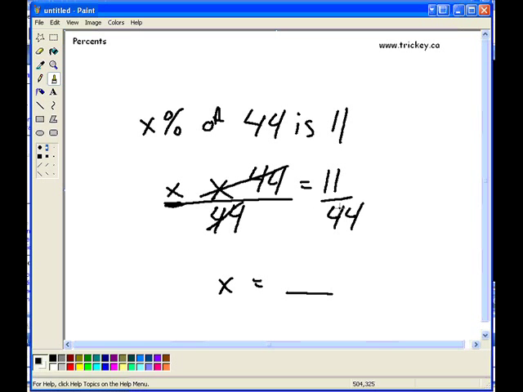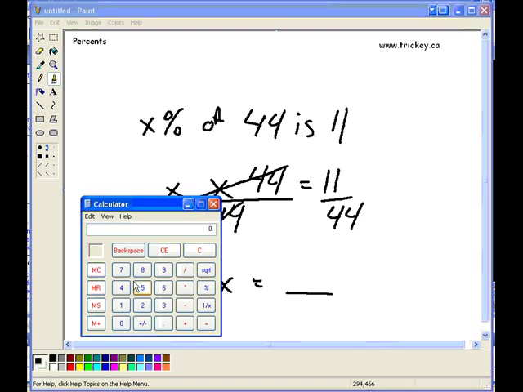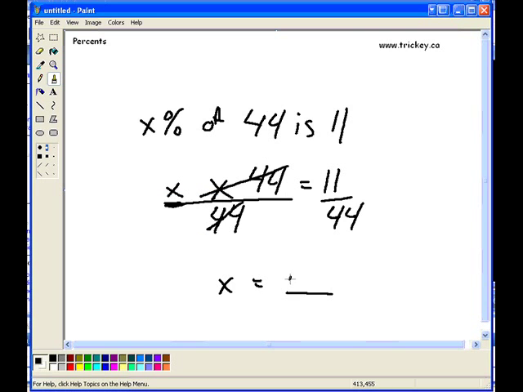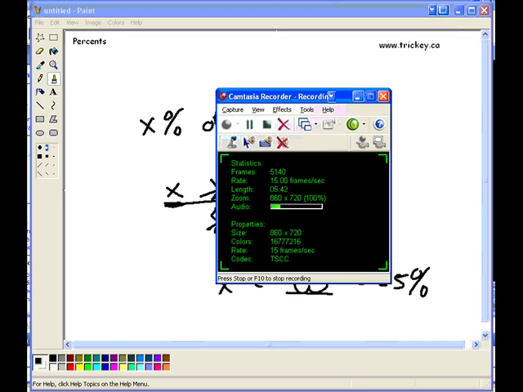And on this side, I have 11 divided by 44. And 11 divided by 44 equals 0.25, which is a percent, 25%. There you go. To find a percent of the number, you multiply. There you go. Quick and easy. Percent.